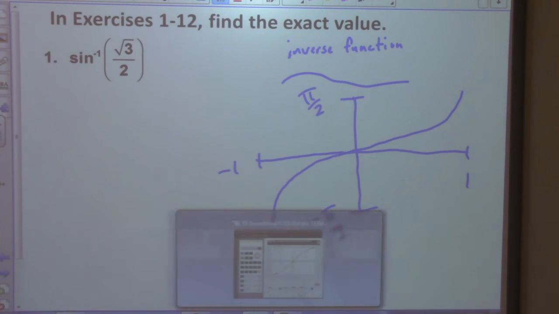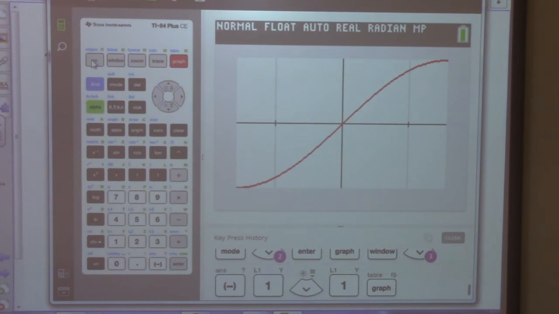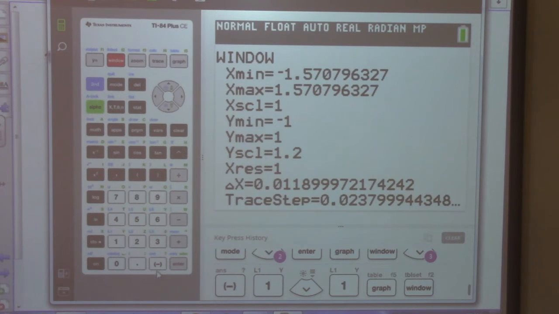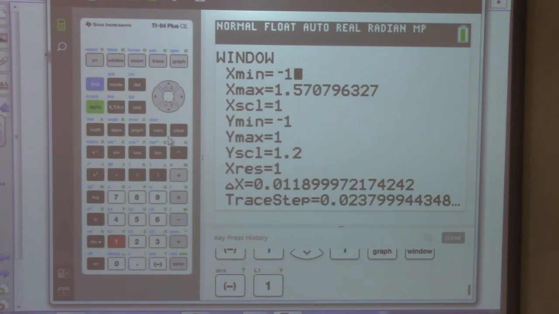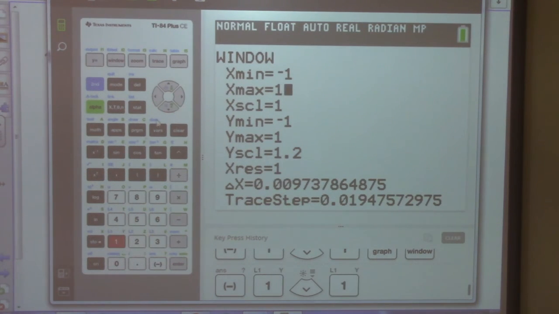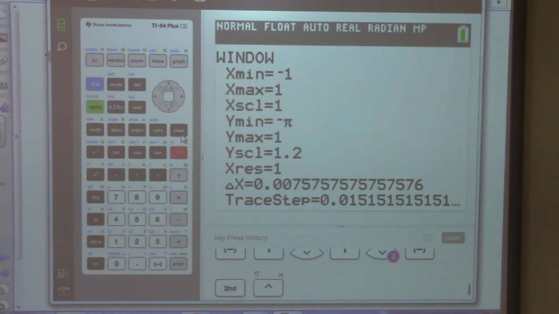And then to verify that in your calculator, you can go like this. We're just going to change it up here from -1 to 1, and from negative pi over 2 to pi over 2.